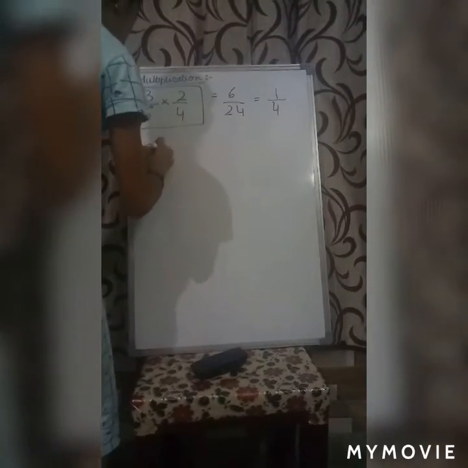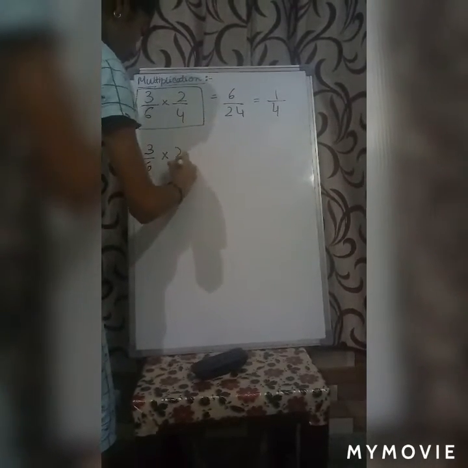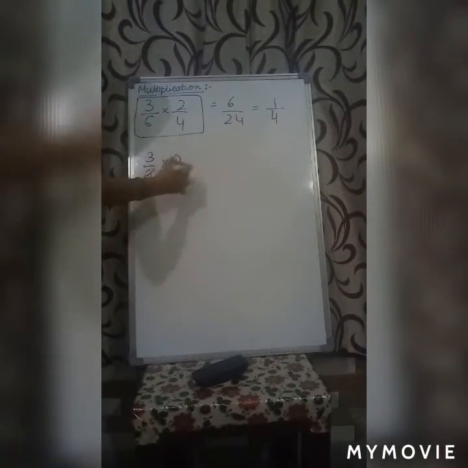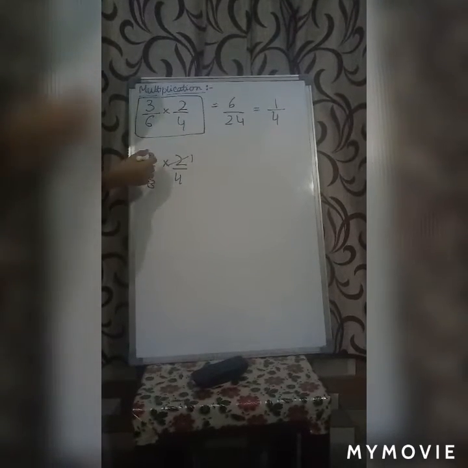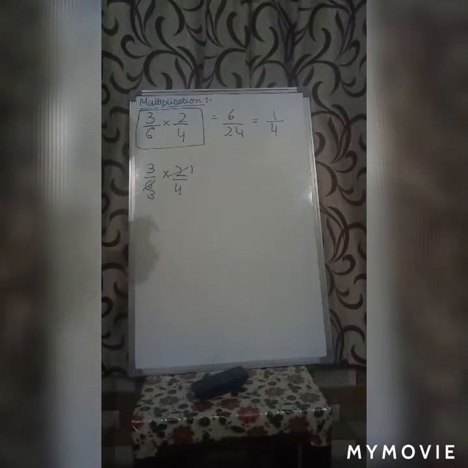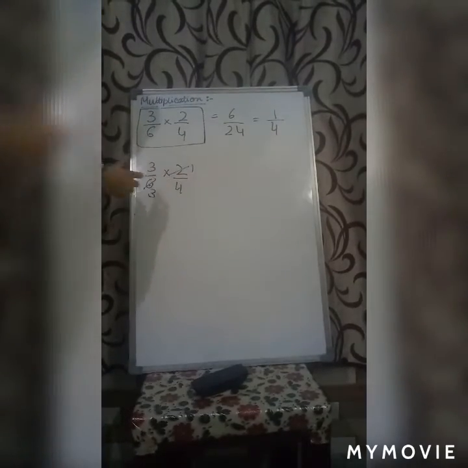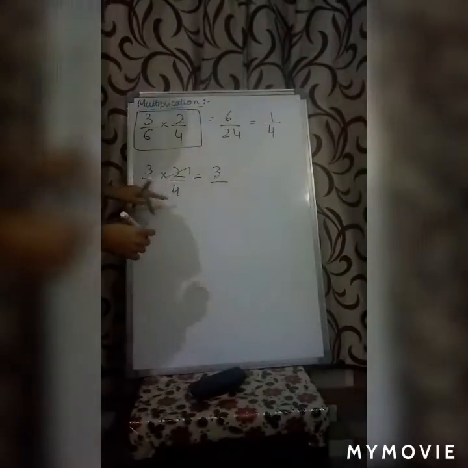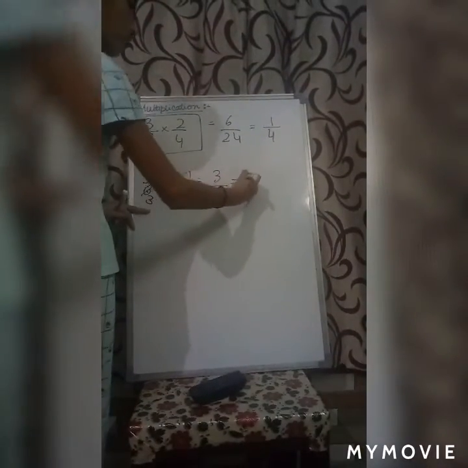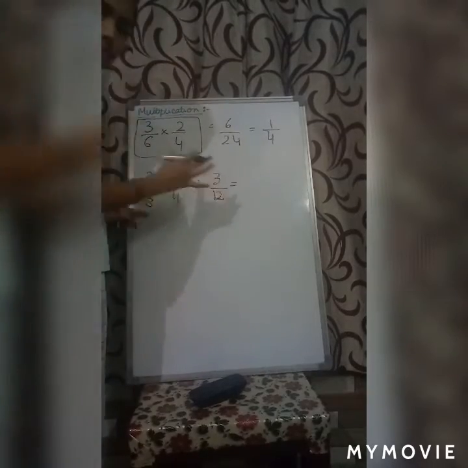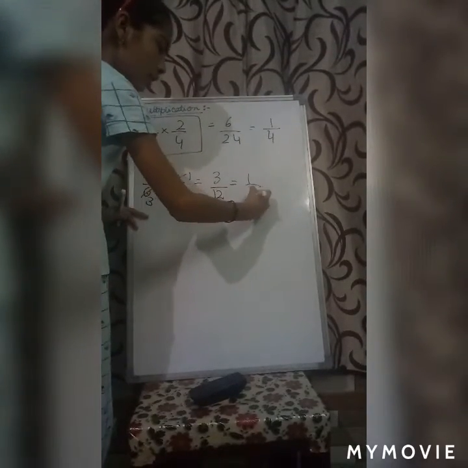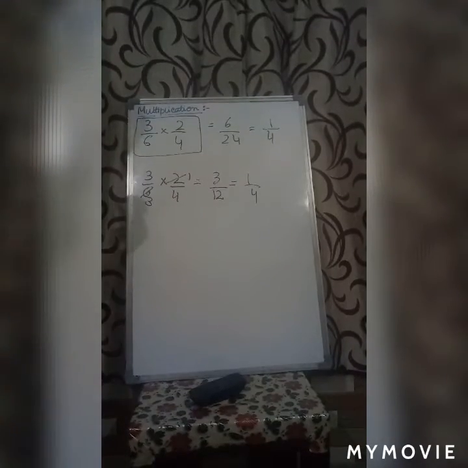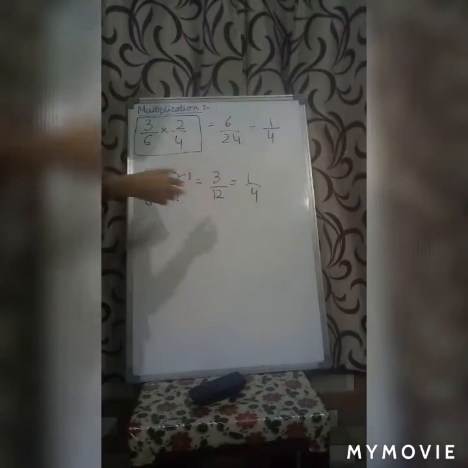But if we cut first, for example, 3 and 6 come in the 3 table, 6 is 3 times 2 and 3 is 1 time 3, and 2 and 4 come in the 2 table, then 3 upon 4 into 3 is 12. Converting this into simpler fractions, it would be 1 upon 4. Now tell me, are these fractions the same? I have done this multiplication in 2 different ways, but I get the same answer.